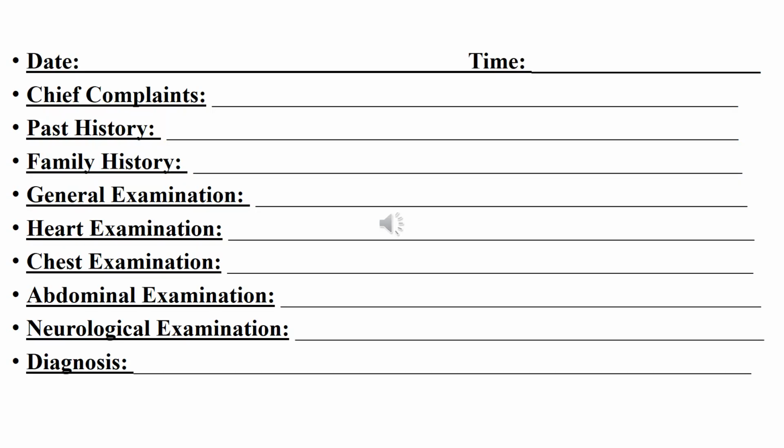Then it includes, in addition to date and time, chief complaints, past history, family history, and findings of general examination, heart examination, chest examination, abdominal examination, and neurological examination, in addition to the provisional diagnosis.